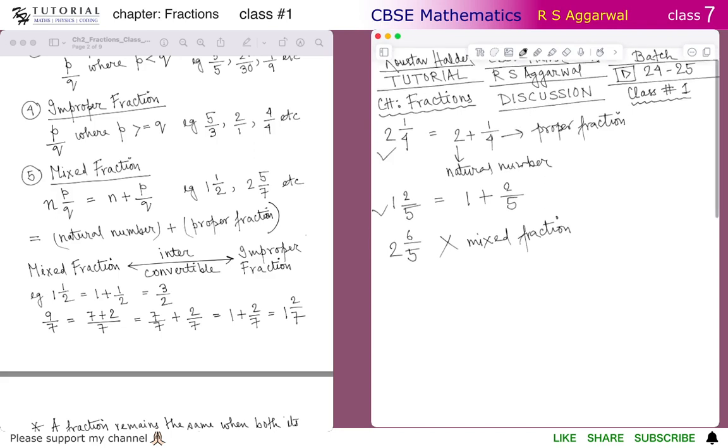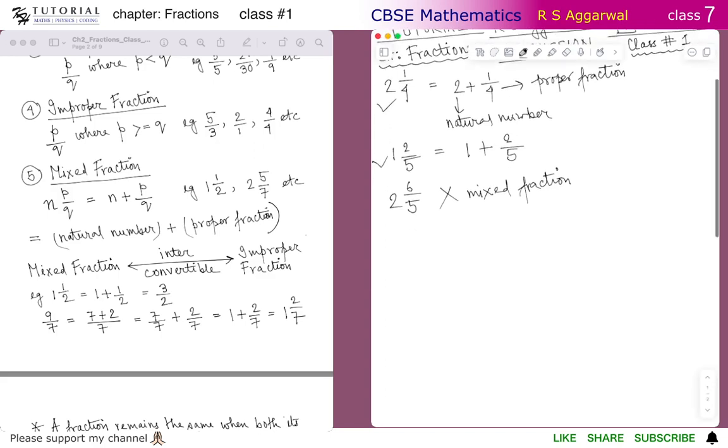So in the mixed fraction you have two parts. First part is the whole, that is a natural number, and the other part is a proper fraction, that is p by q. So basically n upon p by q is equal to n plus p by q.